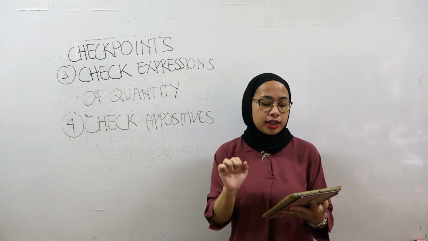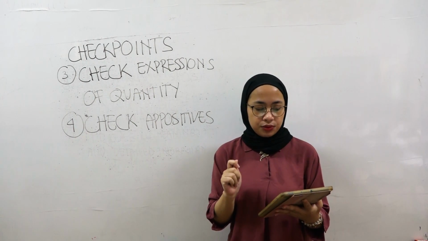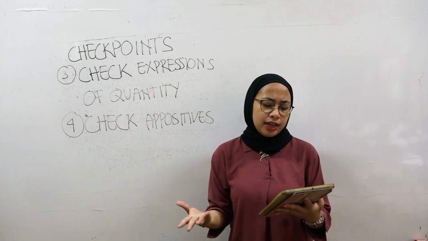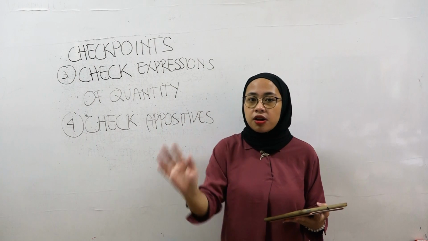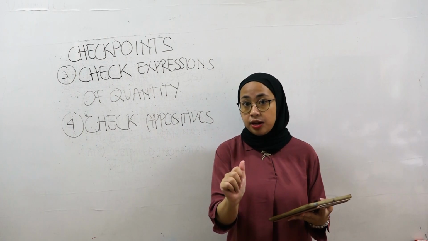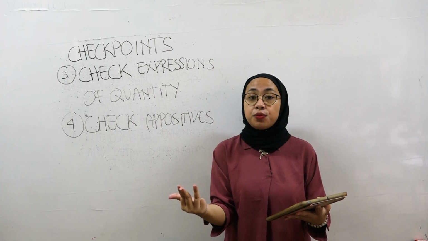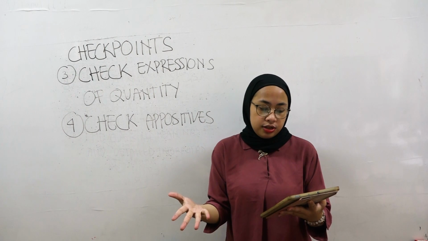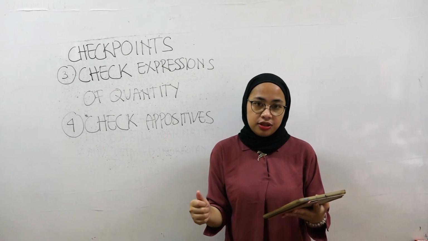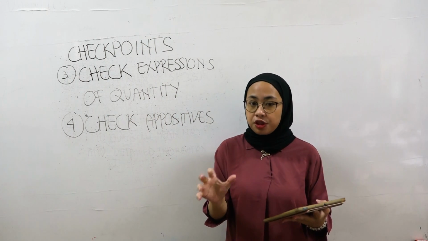However, other expressions of quantity are only used with uncountable nouns, nouns that normally cannot be made plural, for example, happiness. Now, there are a lot of countable nouns, for example, many, number of, few, fewer, one, two, three: many people, number of people, few people, one person, two people, three people.